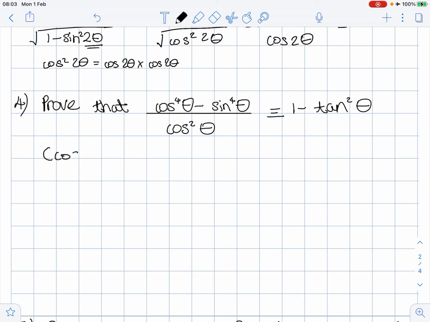So we can have cos squared theta plus sin squared theta, times cos squared theta minus sin squared theta.